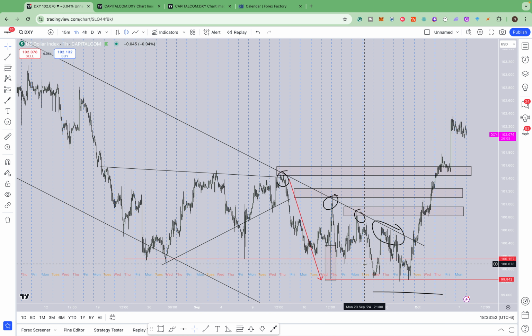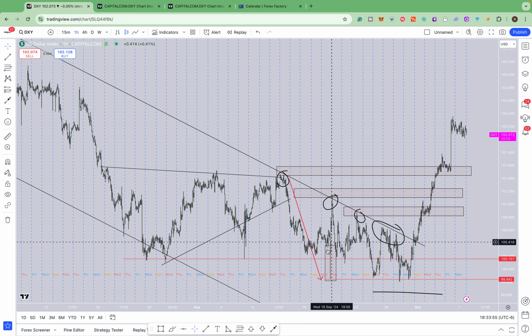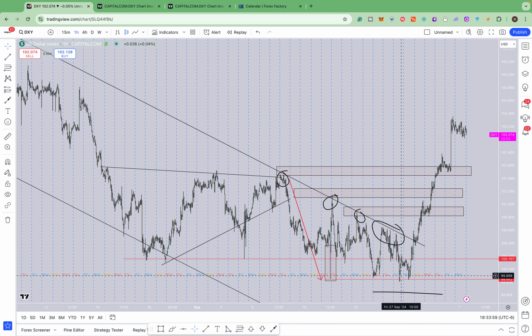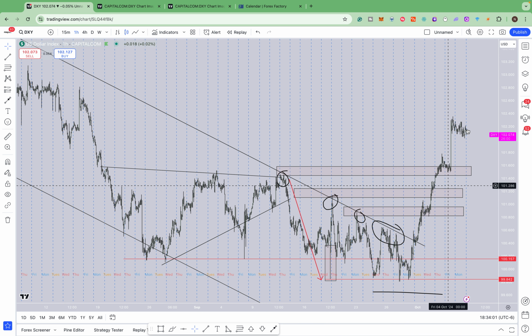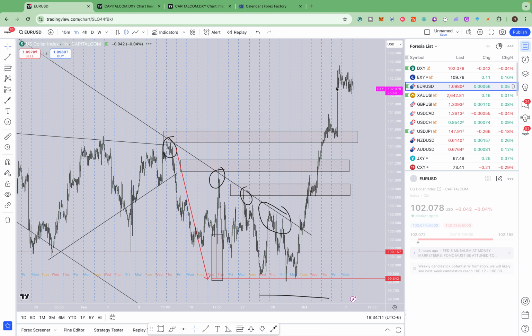However, we know that this is going to be most likely a fake out to get everybody to sell, and then they're going to reverse against the trend. Now, if you take all of this and you inverse it, you get exactly what's happening and what we saw on the euro US dollar.